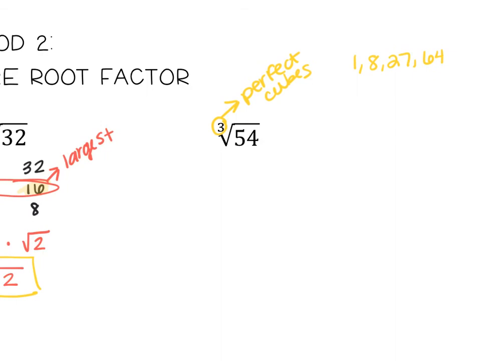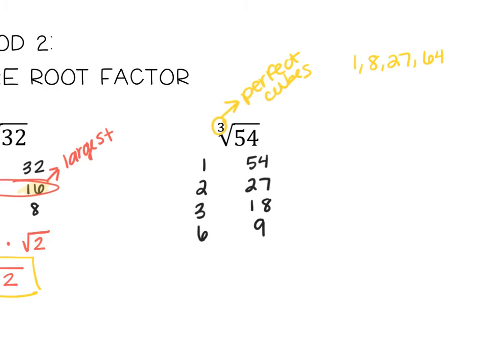So when I list out my factors, I have 1 and 54. 2 and 27. 3 and 18, and 6 and 9. And again, I have to be looking for perfect cubes because that was my index.